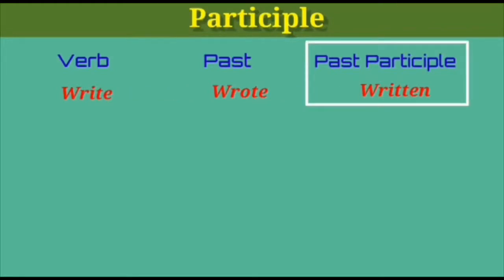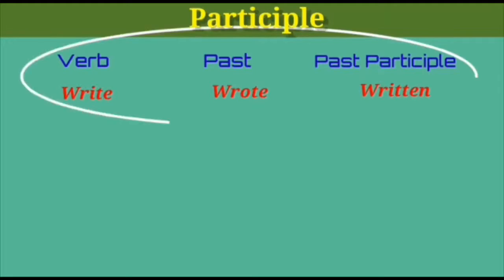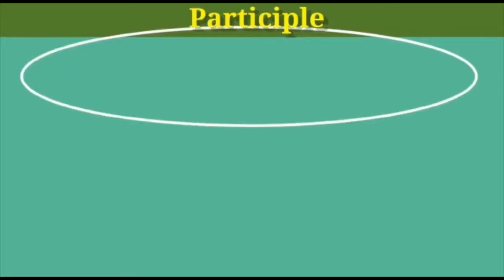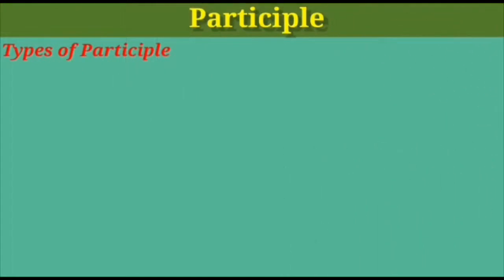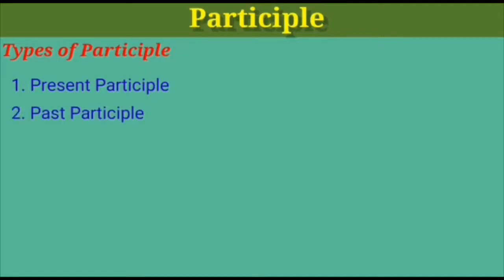If you remember, at the start of the video I told you we will talk about the kinds of participle. So now we are here to discuss them. There are two types of participle. Number one is present participle, and number two is past participle.